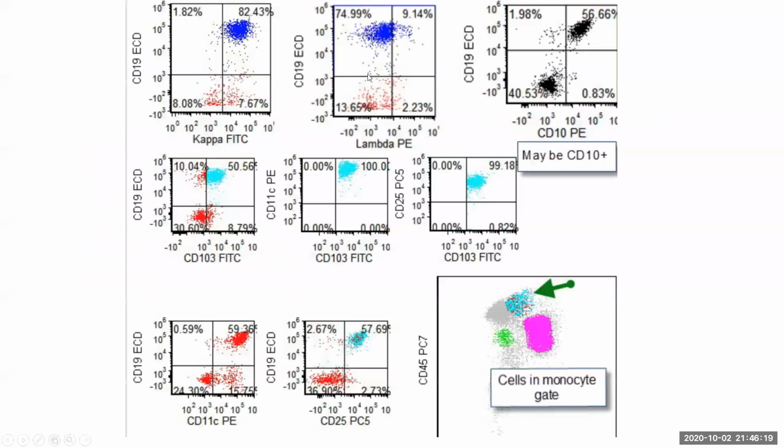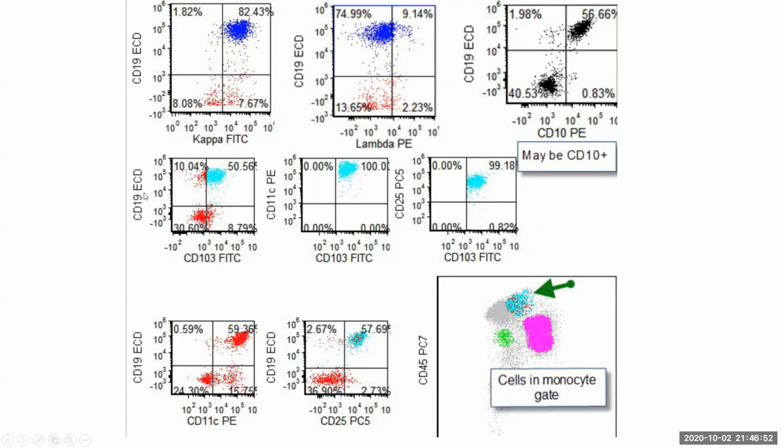Moving on, this is flow cytometry, and already some of you are probably honing in on this aqua blue population, that here is your monocyte gate. They have almost a monocytoid-like appearance in the blood, and they have bright expression of CD103, CD25, CD11c, and they're B cells, right?